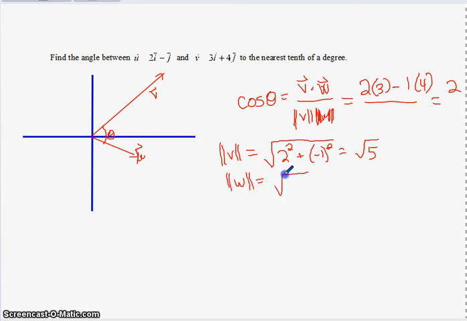Magnitude of v, 3 squared plus 4 squared, which equals square root of 25, which is 5. So that's 5 square root 5.